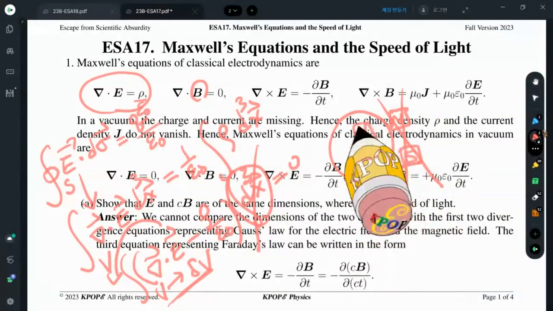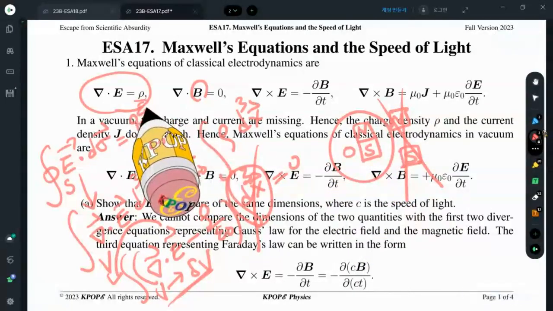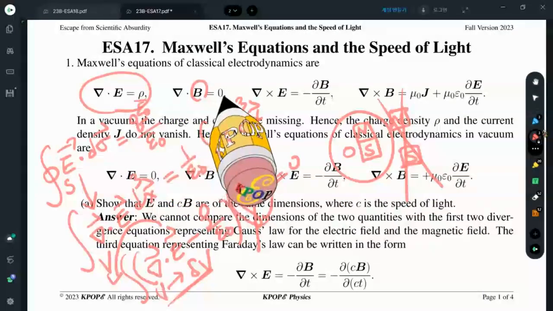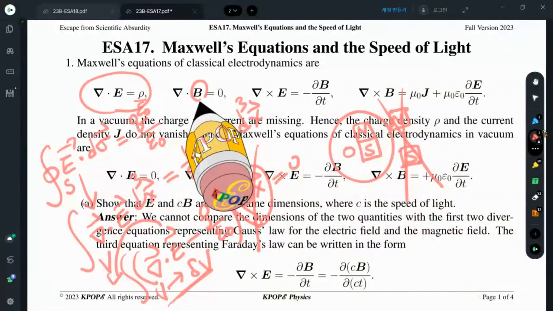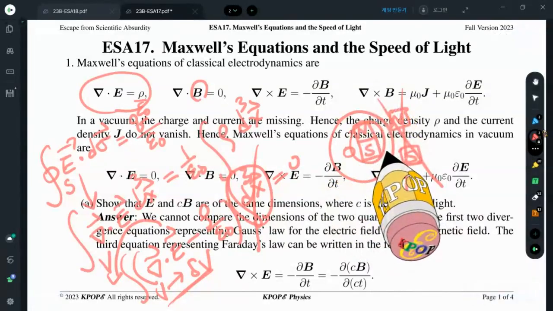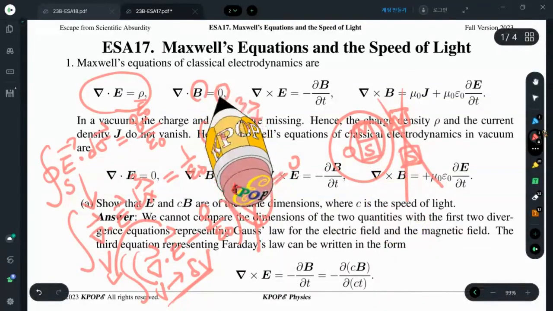The sum of magnetic charge is always zero. So rho for the electric field is replaced with zero for the magnetic field. Magnetic charge always appears as a pair. They cancel each other, so it is zero.